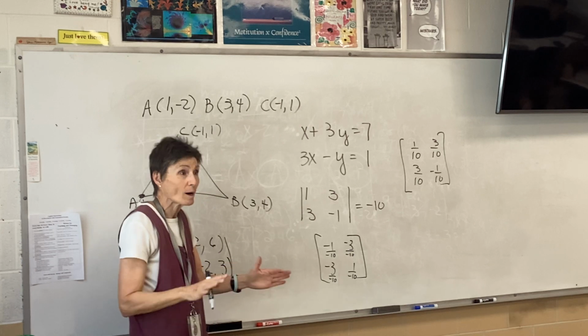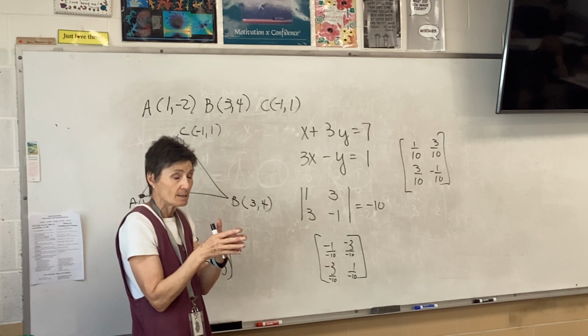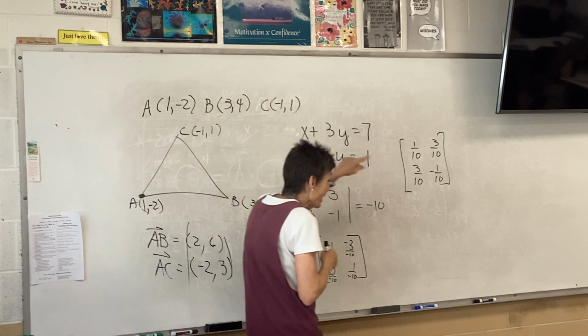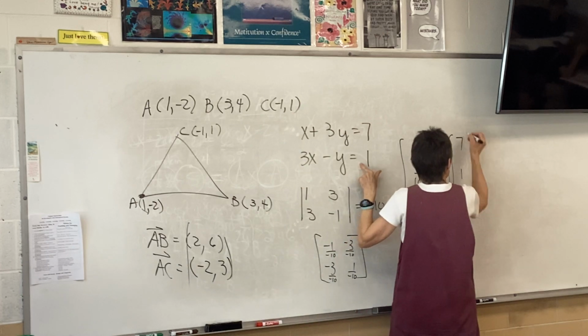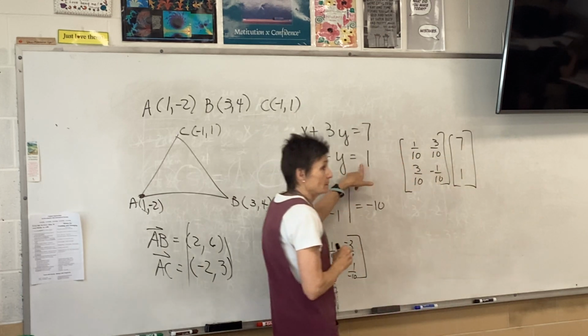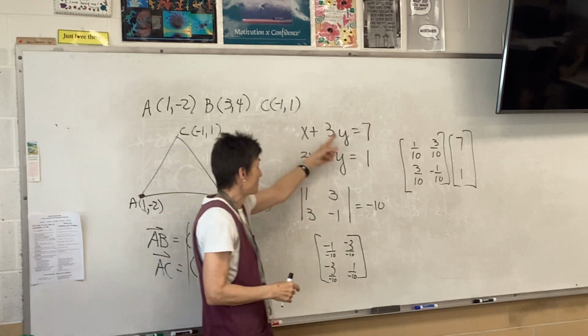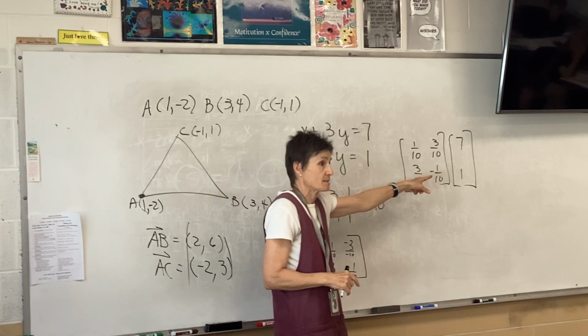That's the inverse matrix. That's not the answer to the question. That is the inverse of the coefficient matrix. To get the answer to the question, you simply take that matrix and multiply it by the constants, 7 and 1. That's how you do the inverse method. You find the inverse of the coefficients and multiply it by the constants.